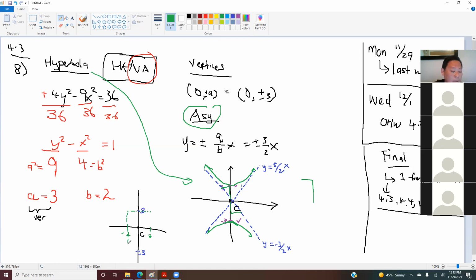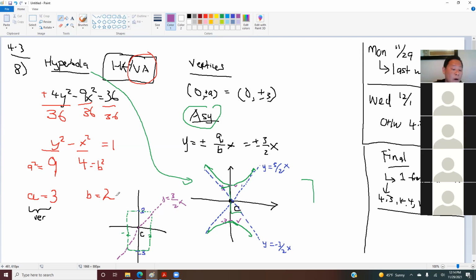So this is your box. Your box will go from 3, negative 3, and 2, negative 2, based on your a and b. And then in order for you to draw the asymptotes, you just cross from one end of the box to the other end, passing through your center. This will be y equals 3 over 2x.